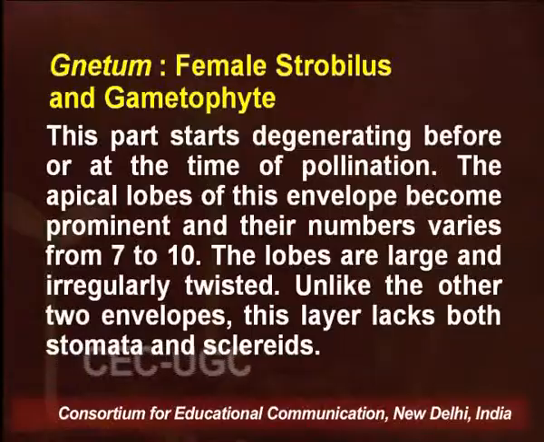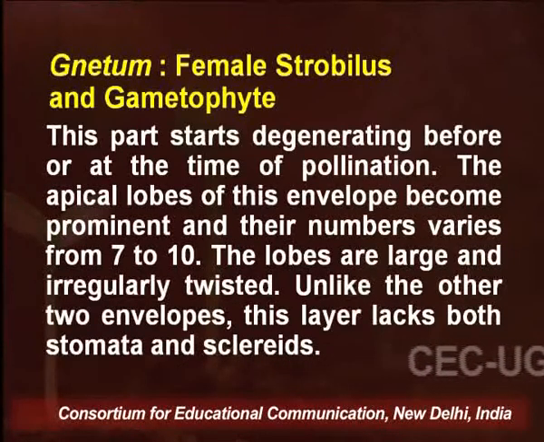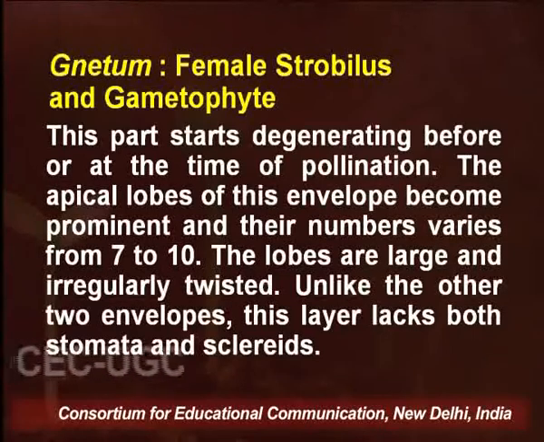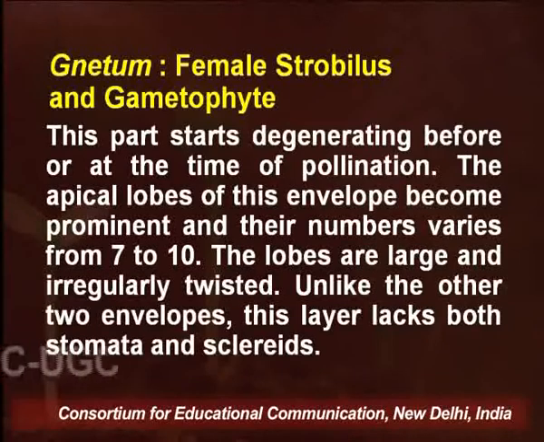Now this part starts degenerating before or at the time of pollination. The apical lobes of this envelope become prominent and their number varies from 7 to 10. The lobes are large and irregularly twisted. Unlike the other two envelopes, this layer lacks both stomata and sclereids.